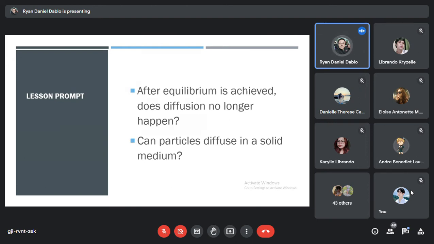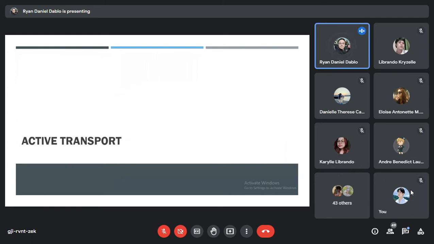I mentioned the answer in chat, so let's see if you are aware of the answer. The second one is, can particles diffuse in a solid medium? I also mentioned the answer in chat, so we'll just have to see if those who listen can actually pick that up. Which leads us to active transport processes, right? Because of the name, these are processes which require energy as part of the budget.